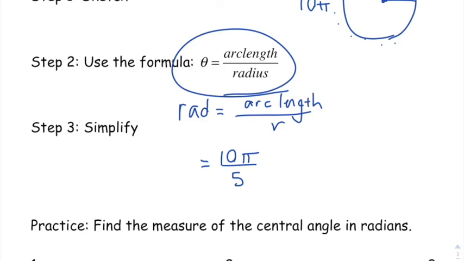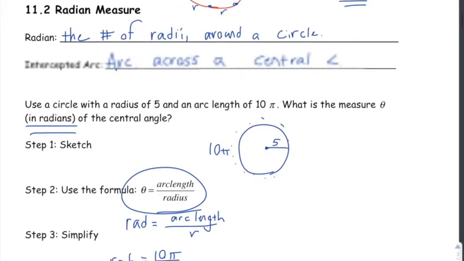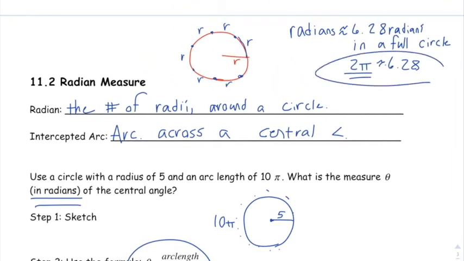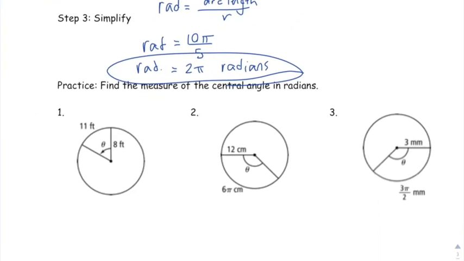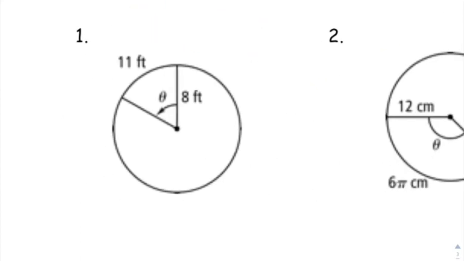When you simplify that down, you get 2 pi radians, which is a full circle, since we already talked about 2 pi radians in a full circle. So in this one, the arc length is the full circumference. Not all examples are like that, so this one's not really my favorite. I like the other examples down towards the bottom to talk about arc length.